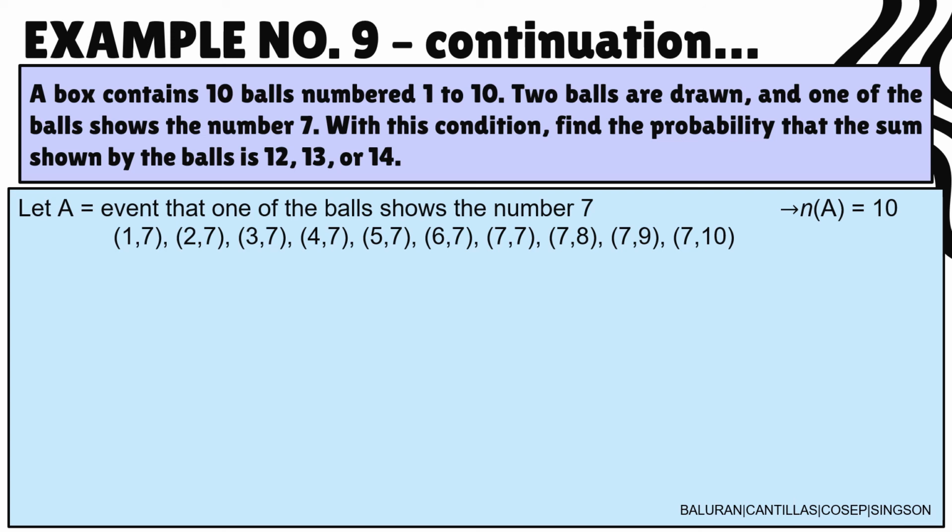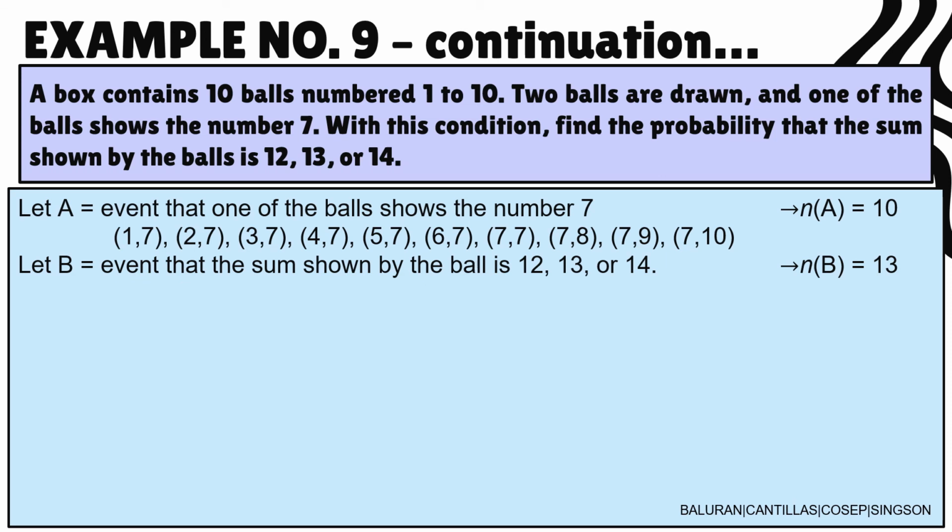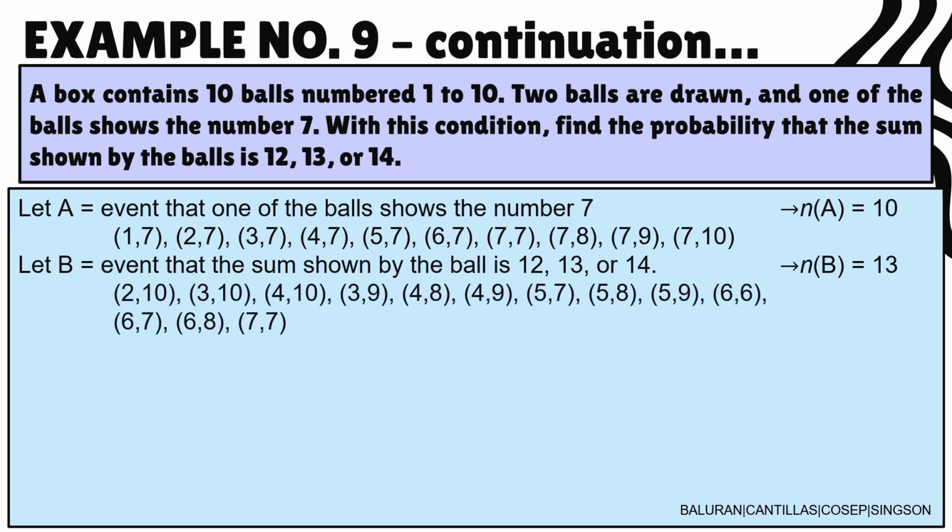Then its cardinality is equal to 10. Let B be the event that the sum shown by the balls is 12, 13, or 14. So we have the following: 2,10; 3,10; 4,10; 3,9; 4,8; 4,9; 5,7; 5,8; 5,9; 6,6; 6,7; 6,8; and 7,7. Thus, the cardinality of this event is equal to 13.